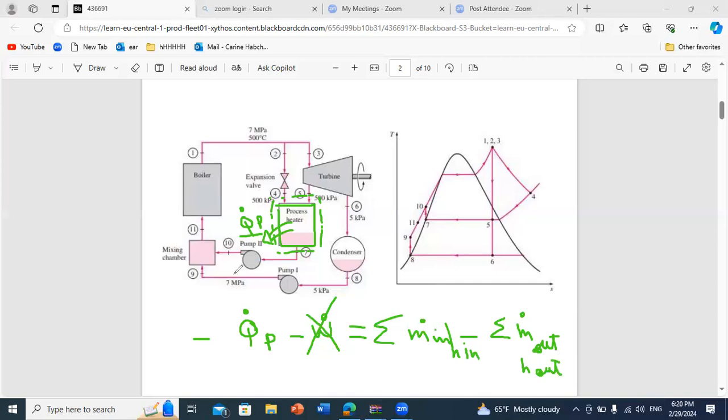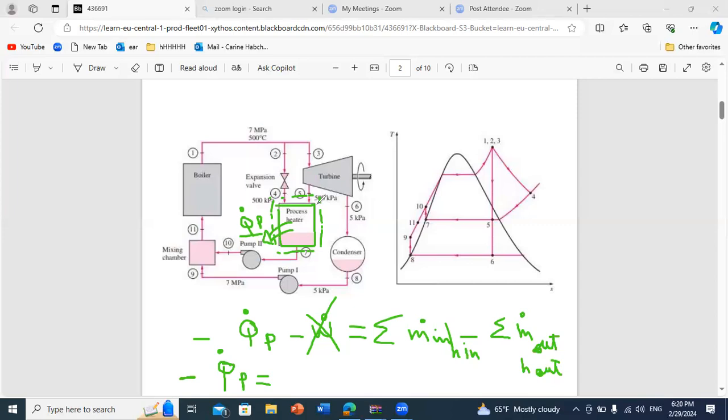Then all you have to do is determine where my inlets and outlets are. So minus Q dot P is equal to, and here I have as inlets points 4 and 5.